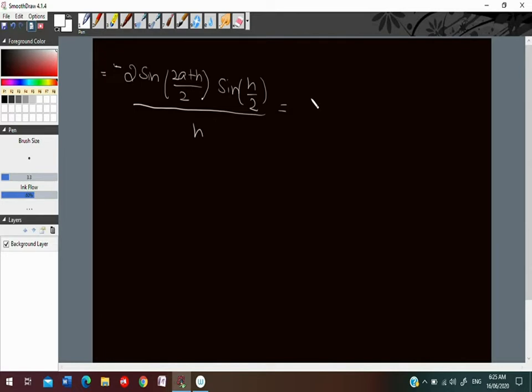And when we simplify it more, we get minus 2 by h sine of a plus h by 2 into sine h by 2.